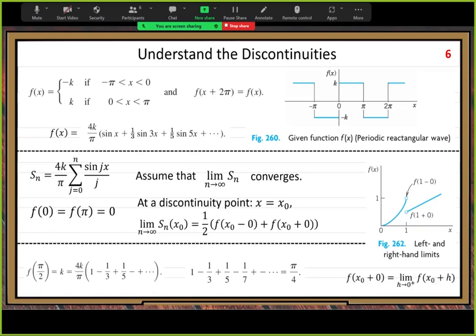And using Fourier series, you can get many formulas like this. You just use different f functions, do the Fourier series expansion, then you can get different formulas.